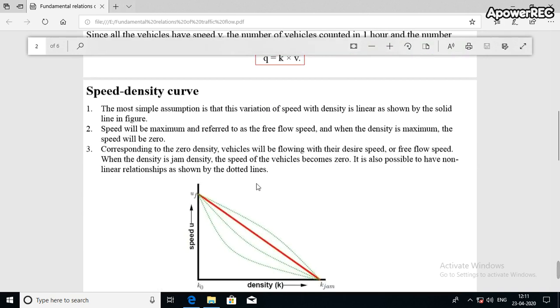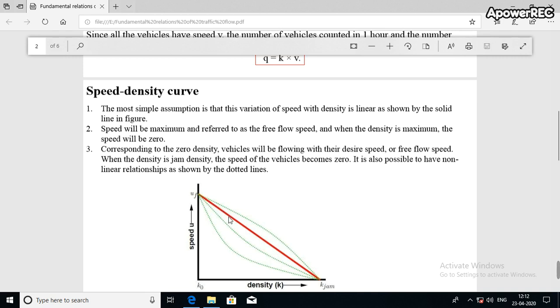Let us start with the speed density curve. In the speed density curve, we can see that the line shown with the red color is the assumed line. Obviously, you can get different kinds of lines depending upon the parameters given, but they will be discussed later. Let us first talk about the straight line, which is mentioned with the red color.